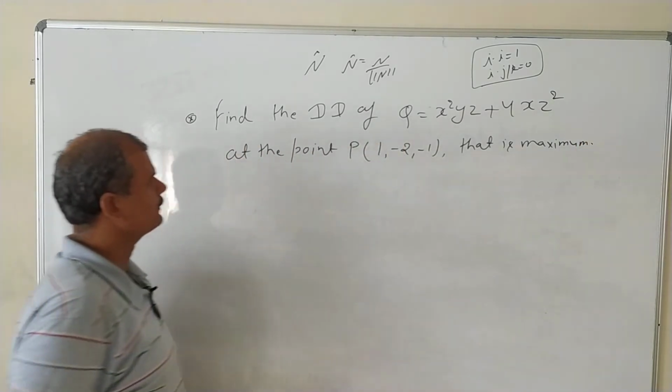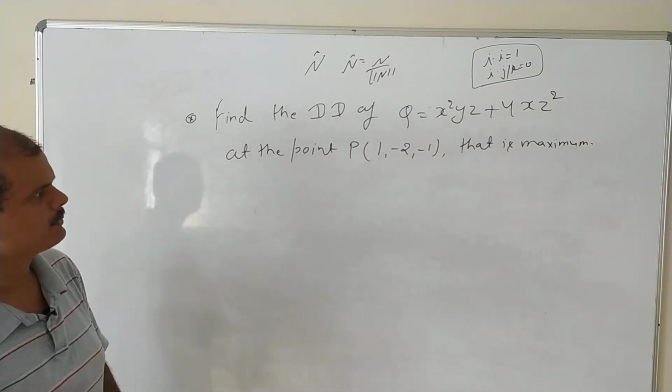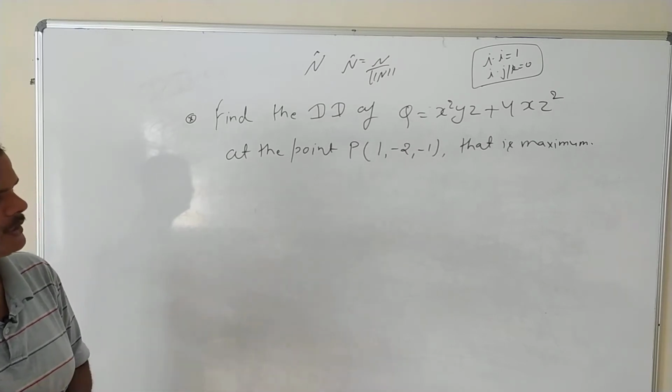So you need to find the maximum directional derivative of phi at the point P.